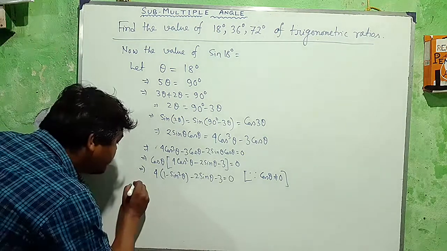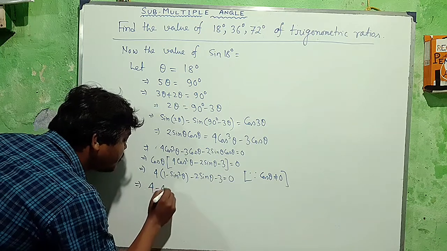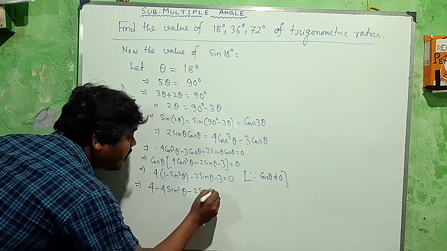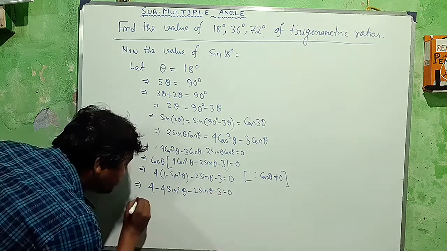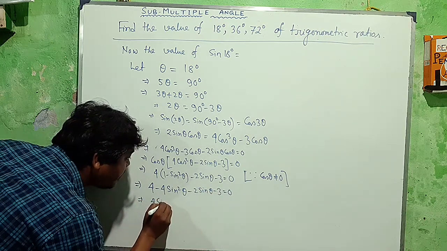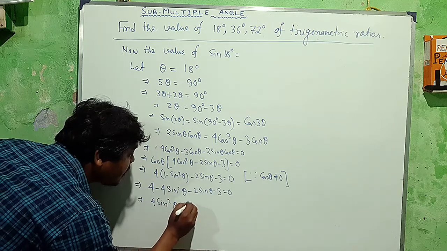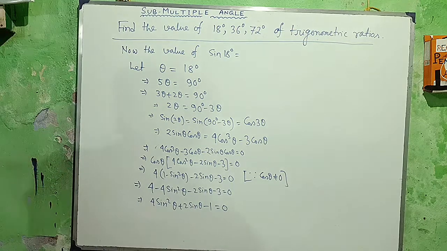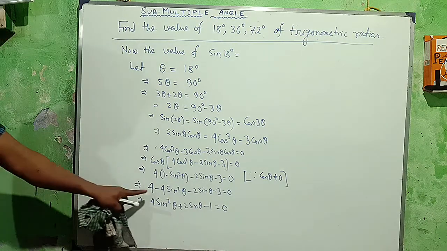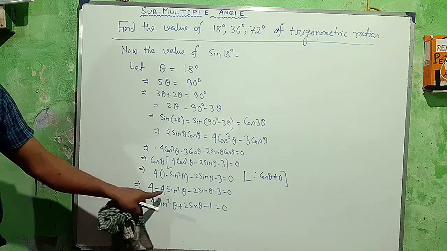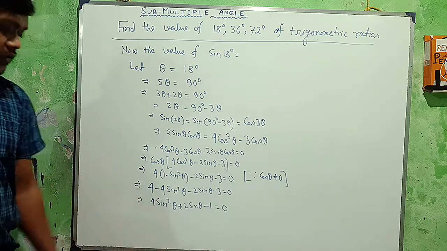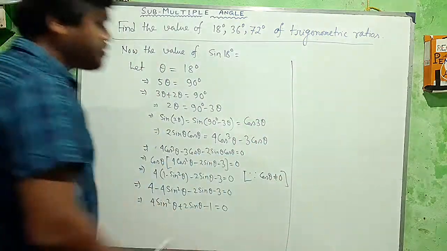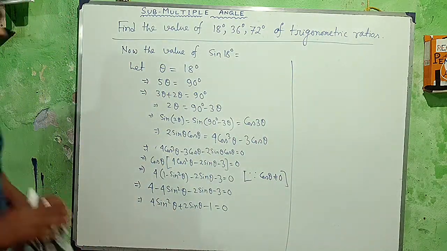So now this gives 4 minus 4 sine square theta minus 2 sine theta minus 3. After simplifying, we get 4 sine square theta plus 2 sine theta minus 1 equals 0, right? You see that? 4 minus 3 is 1, and taking the negative common, 4 sine square theta plus 2 sine theta minus 1. So this is a quadratic equation in sine theta, and we will get two values.